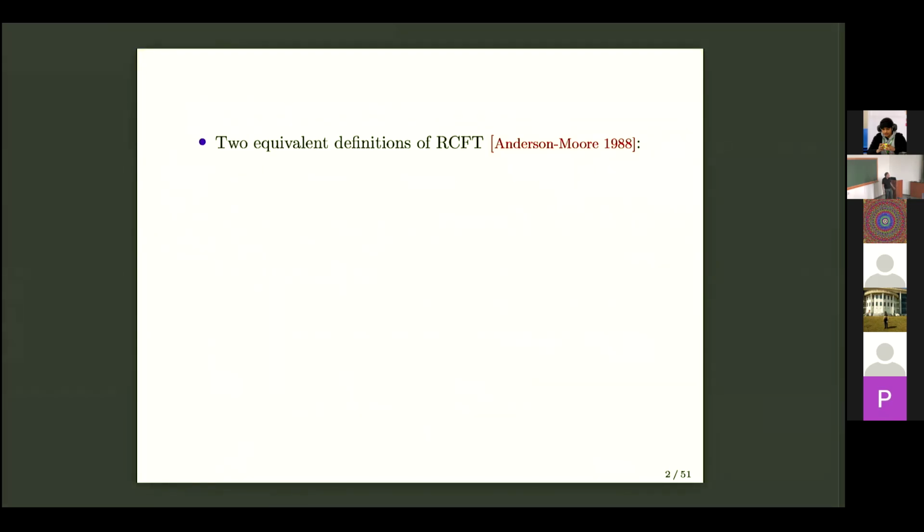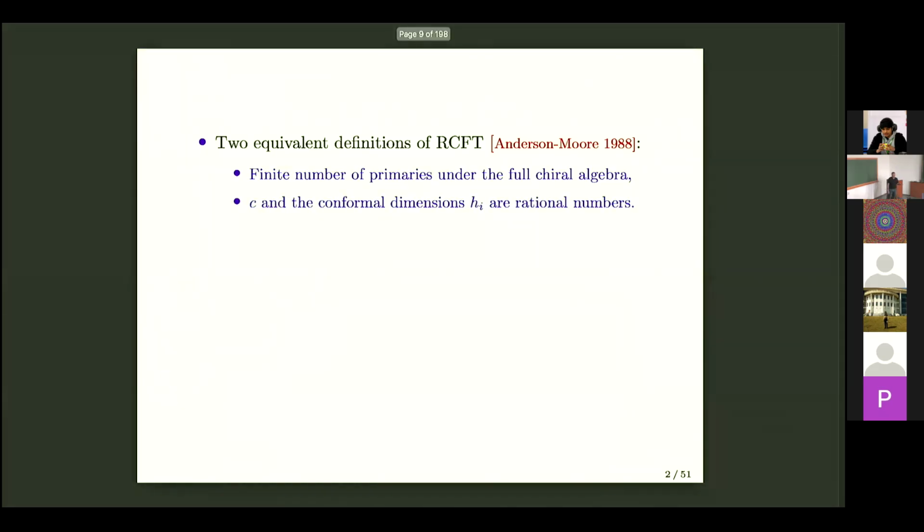Now, there are two equivalent definitions of rational CFT, equivalent due to the work of Anderson and Moore. Otherwise, you could have thought of them separately. One is what I just said: a finite number of primaries under some full chiral algebra. The other is that the central charge c and the conformal dimensions h_i of the individual fields are rational numbers.